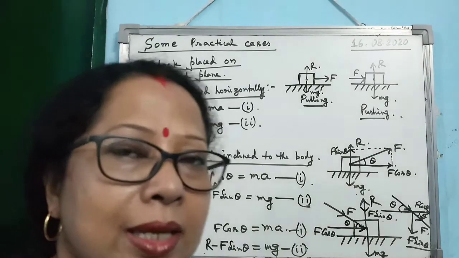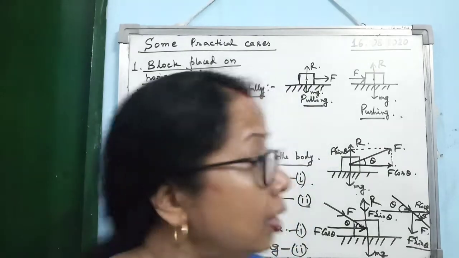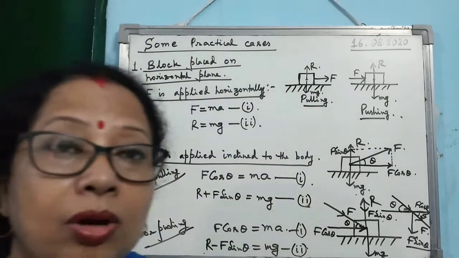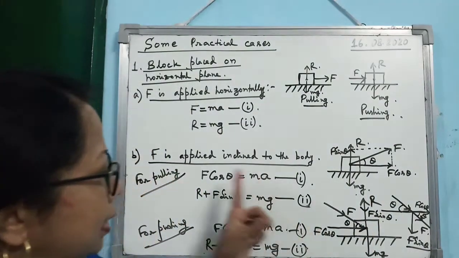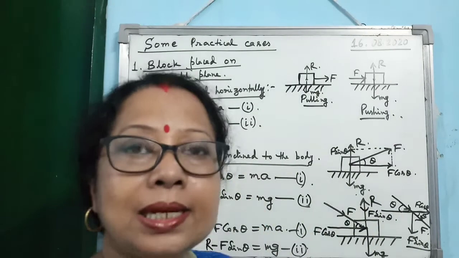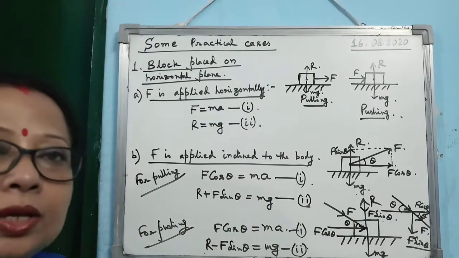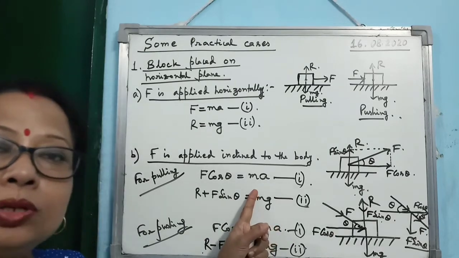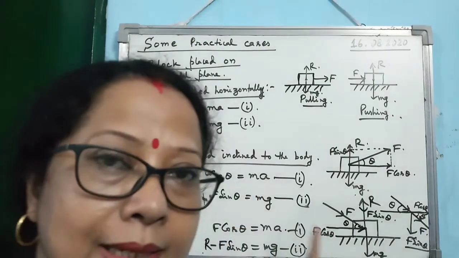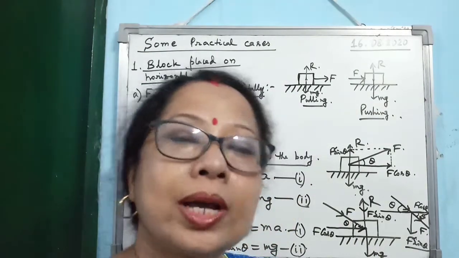Now here there is a request, kindly do not try to mug up the equations I am writing. You understand from the diagram and then practice it in a separate rough notebook, how you can form the equation. One equation you get just by applying Newton's second law of motion, that the resultant force is equal to mass into acceleration.